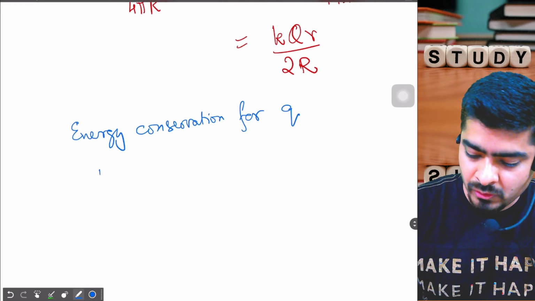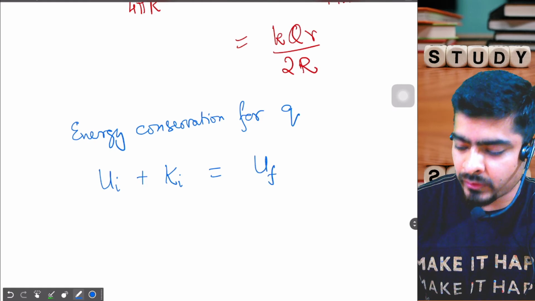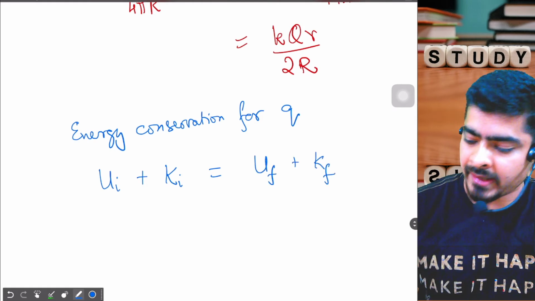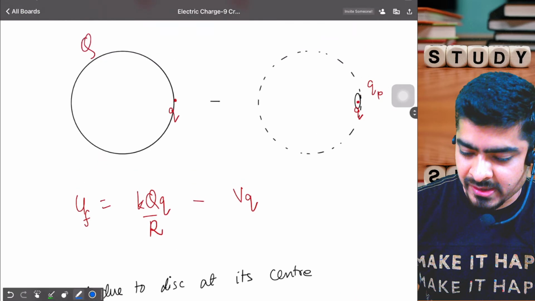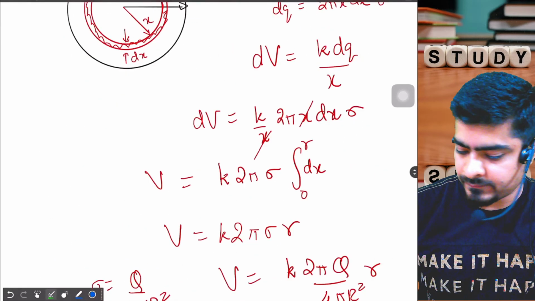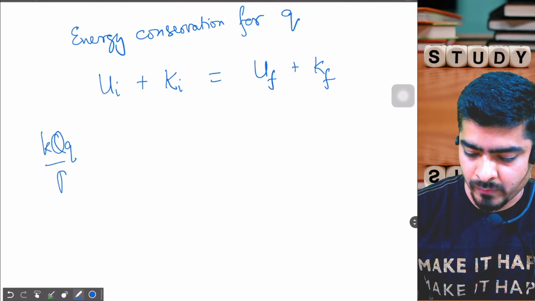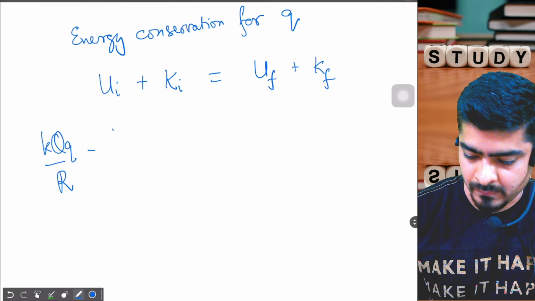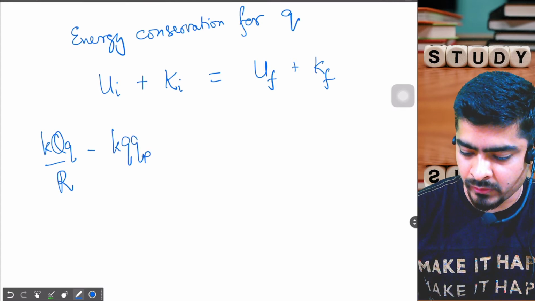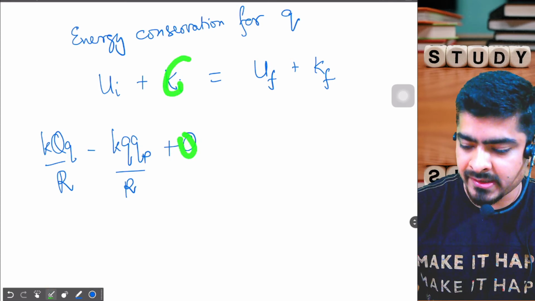So initial potential energy plus initial kinetic energy equals final potential energy plus final kinetic energy. Now initial potential energy is how much? kQq by capital R minus k small q Qp by capital R, plus initial kinetic energy, which is 0.